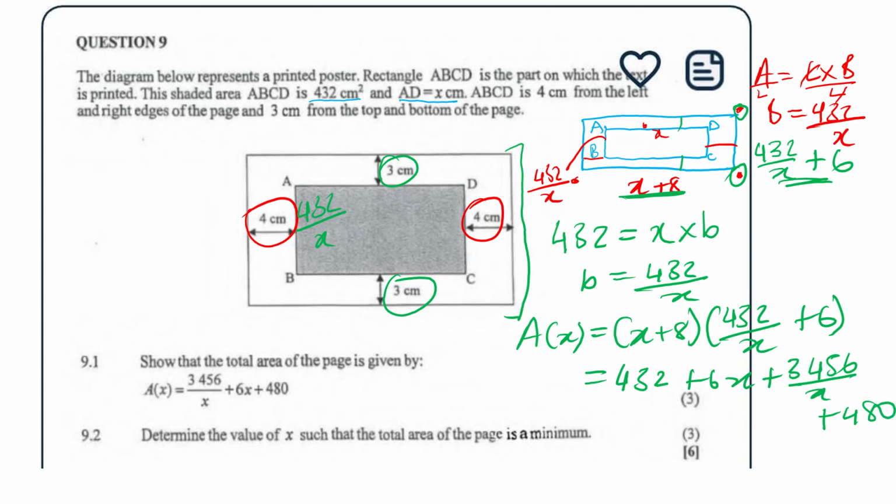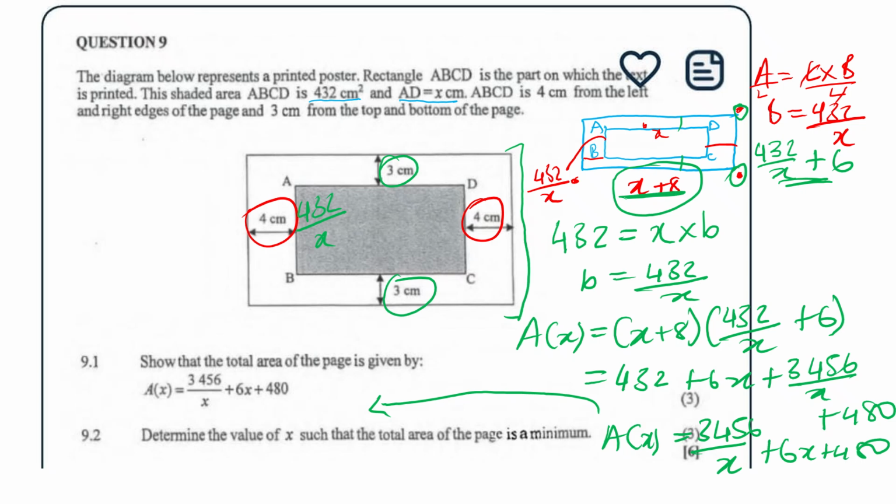And then if you simplify it, your area will be equal to 3,456 over x plus 6x plus 480. So then you have to find your length, which is x plus 8, and your breadth, which is 432 over x plus 6. I hope you have understood this question.